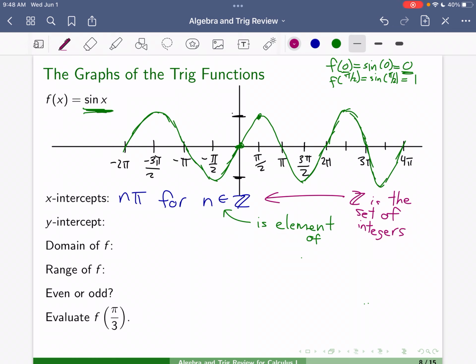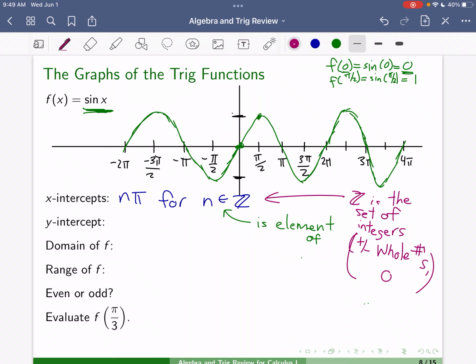And what are integers? Those are whole numbers, positive and negative whole numbers, along with 0. Our positive and negative counting numbers, along with 0. Zero is a whole number.